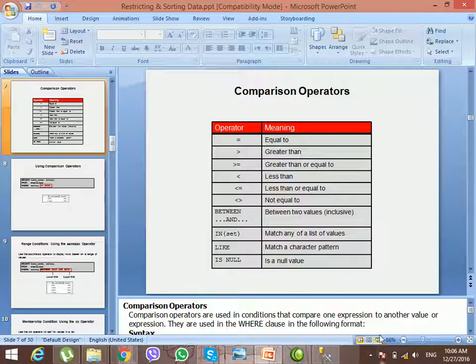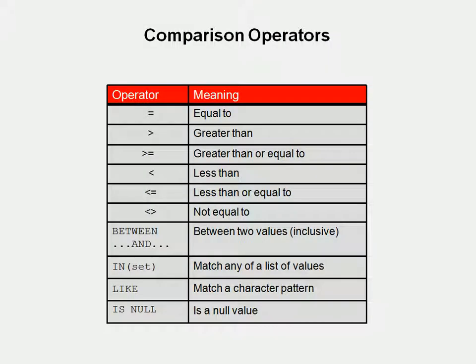Operators. What are the comparison operators? We have different types of comparison operators: equal to, greater than or equal to, less than or equal to, not equal to. We have almost 10 operators. For not equal to, we will use that sign, and I will show you how to use that. Between and, I will show you also how to use.